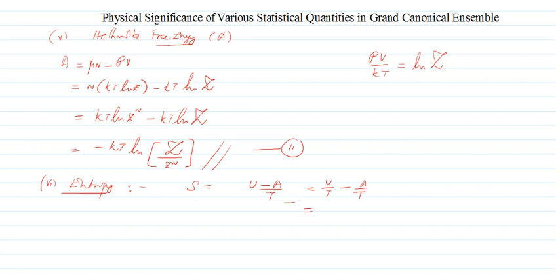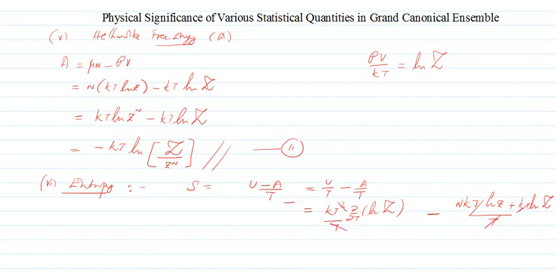We obtained U is equal to kT square dou by dou T of log Z, divided by T, minus what we have obtained in the previous equation, NkT log z, plus kT log Z, capital Z, divided by T. So T you can just cancel away everywhere. Here also, T square, one of the T will be cancelled out.